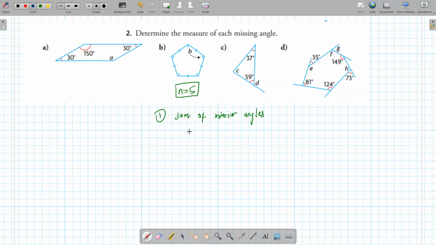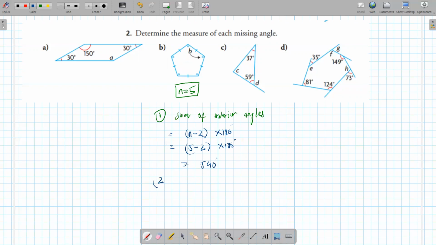Just use a formula, right? Just use this, n minus 2 times 180. That is going to give us the sum of all of these angles on the inside. So 5 minus 2 times 180, that's going to be 3 times 180, 540. This is the sum of the interior angles, all of them. They want the individual one.